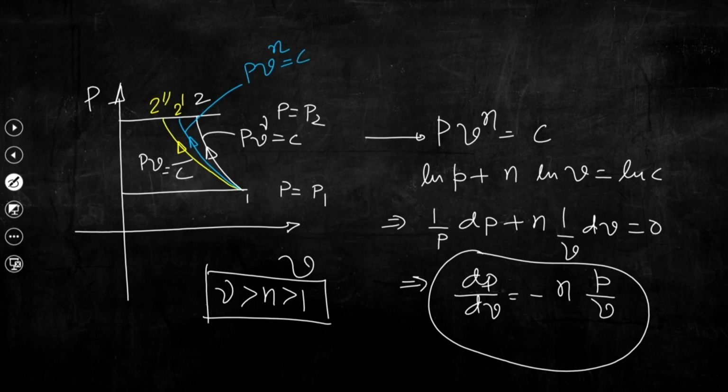So, in this PV plane, whatever processes we could map, we can easily say that reversible adiabatic compression, that is Pv to the power gamma equal to constant, is steeper than the reversible isothermal compression.